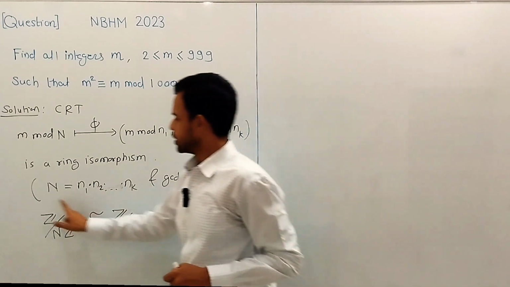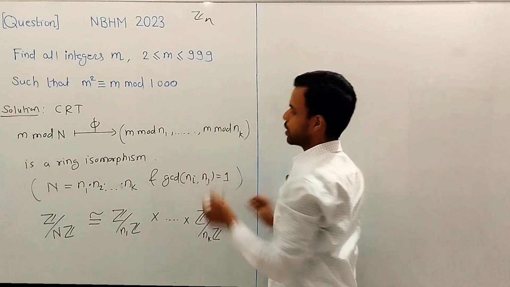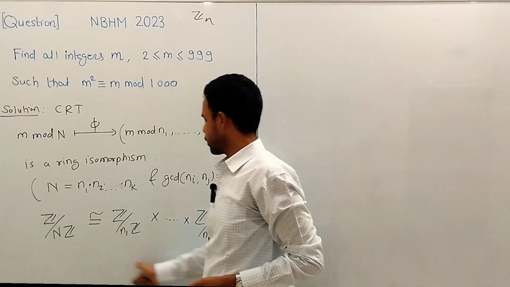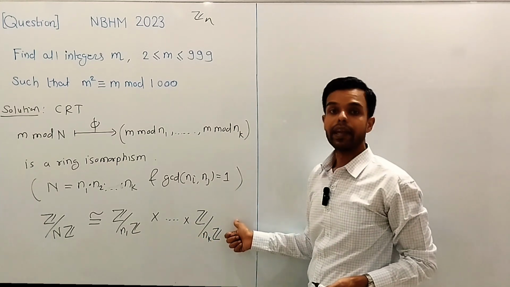We know that this is nothing but the ring Zn. So the ring Zn is isomorphic to the direct product of the ring Zn1 up to so on ring Znk.